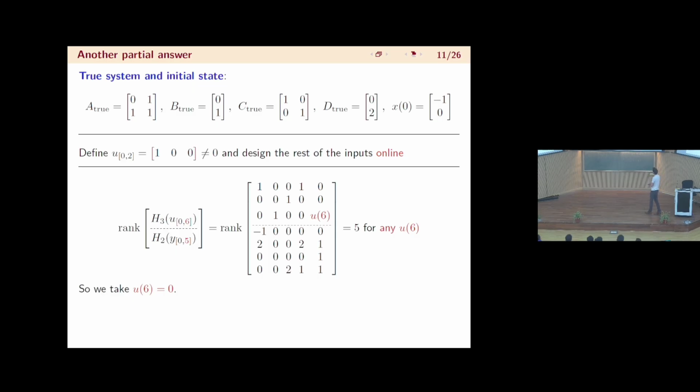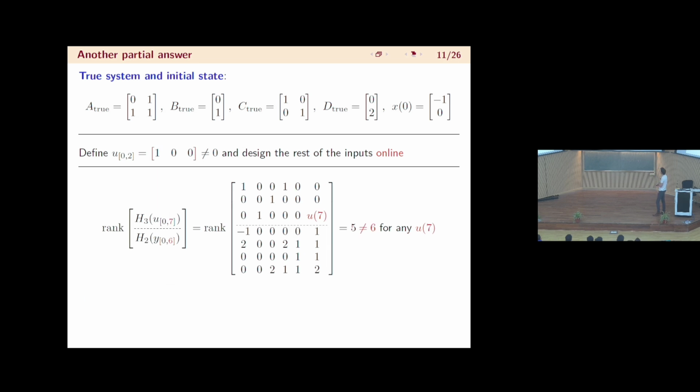Finally, 6th time step. Again, I can take U6 to be 0. Now something interesting happens. At time step 7, no matter which input I apply to the system, the rank of this Hankel matrix will not increase.